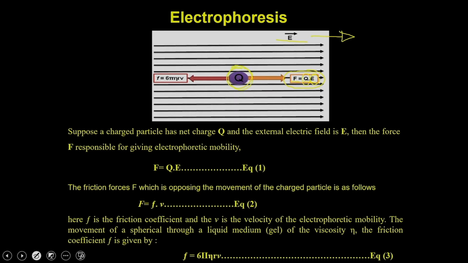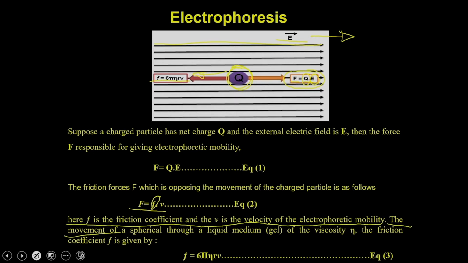But when a molecule is moving in an electric field, the material through which it moves also exerts frictional forces, which oppose the movement of the molecule. The frictional force is equivalent to fv, where f is the frictional coefficient and v is the velocity, the electrophoretic mobility.